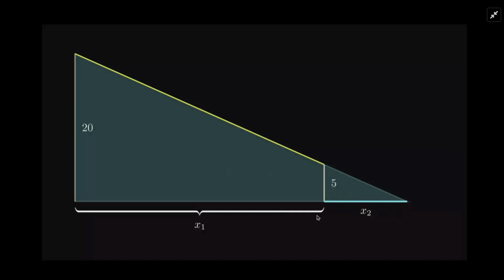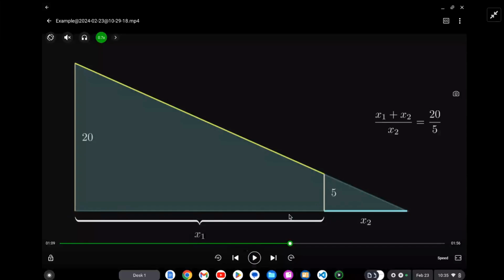Let's just pause it. Okay, so we have the base of the big triangle, x1 plus x2 here. And if I divide that by the base of the small triangle, it must be the same as the ratio of this side to this side. So it's equal to the ratio of 20 to 5.